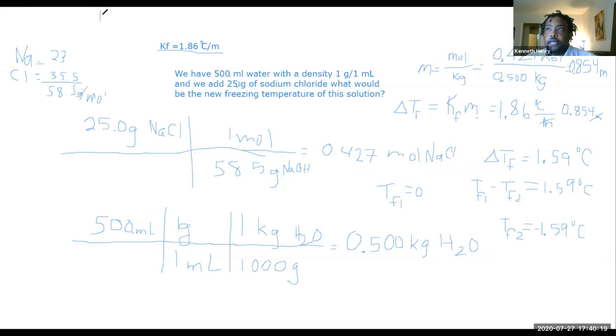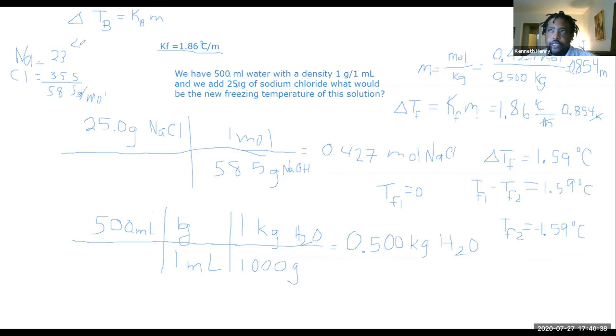For boiling temperature, the change in boiling temperature is going to be equal to KB, and that's going to be a constant that's given to you, times the molality.